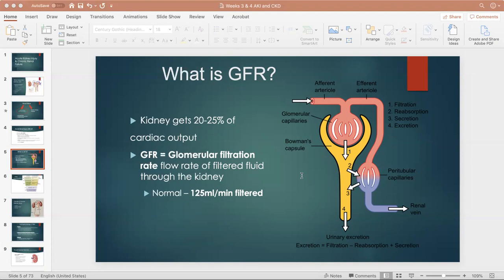Okay. And that GFR, or glomerular filtration rate, is really important in terms of measuring kidney function, right? Because if your GFR is extremely low, your kidneys are not filtering the blood. I know a lot of people struggle with the GFR, but it is a very basic concept for our purposes, for nursing.